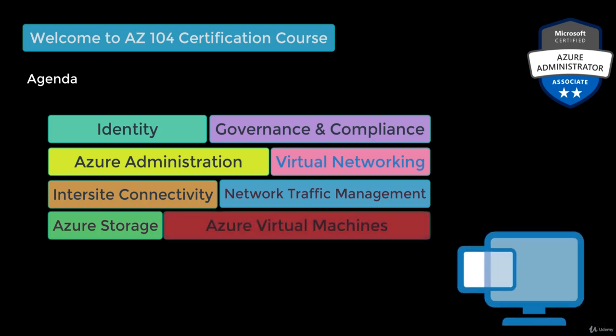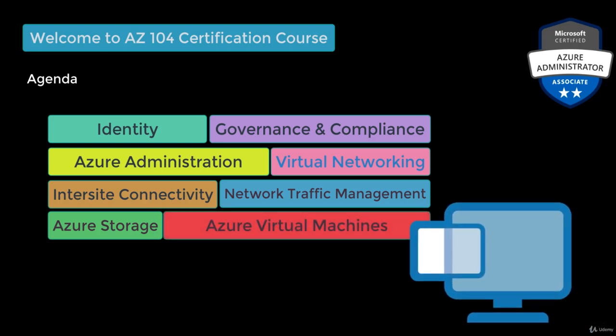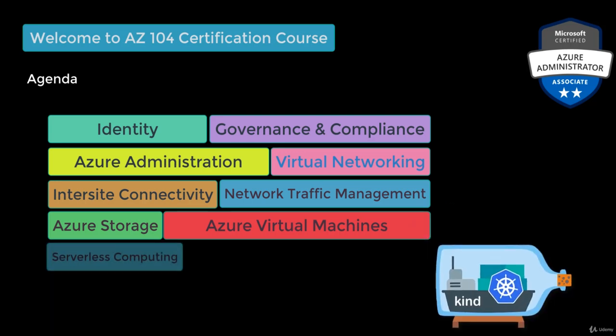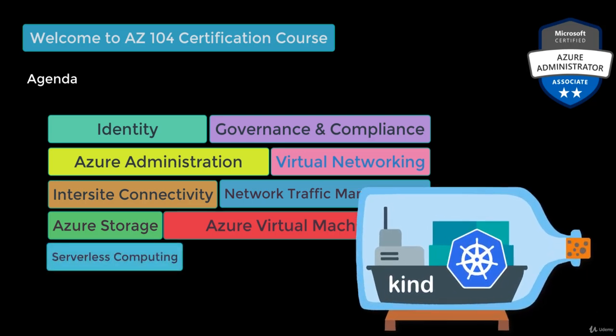Module 8 is about virtual machines. Creating a virtual machine is an easy task, but in this module we'll learn how to deploy virtual machines at an enterprise scale. How do you automate the deployment of virtual machines using ARM templates? How do you make your virtual machines highly available with the help of availability sets? Module 9 speaks about serverless computing.